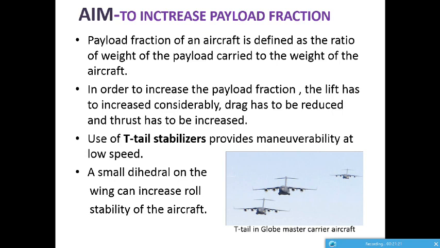The function of a T-tail is to keep the elevator and the stabilizer out of the airflow from the wing.